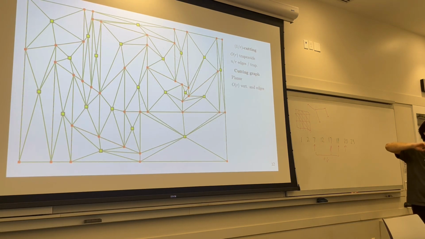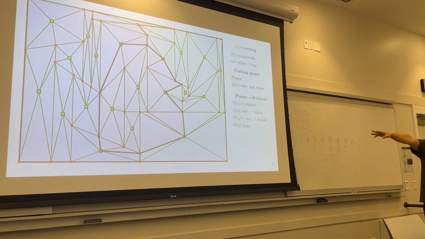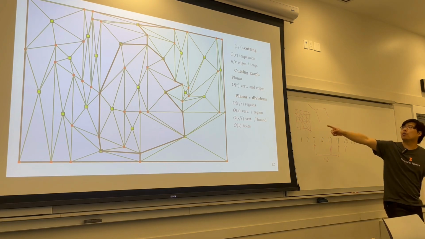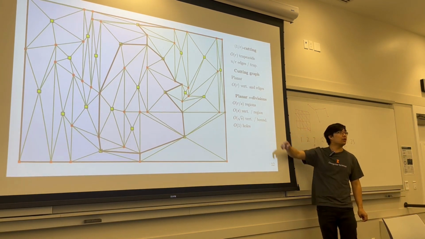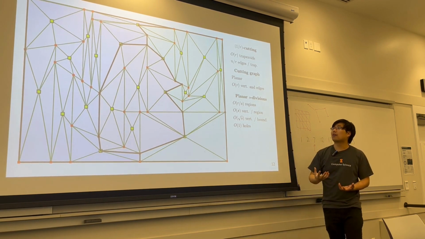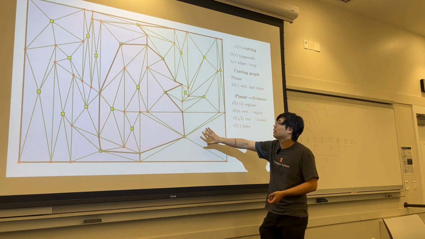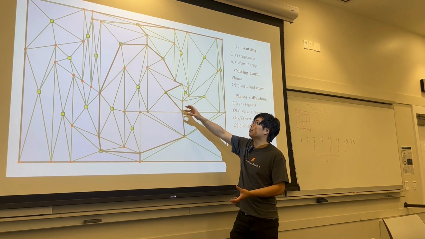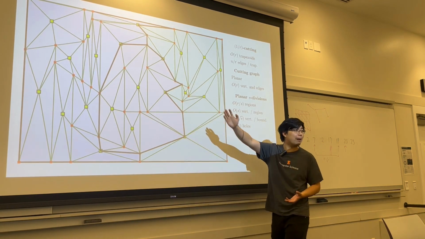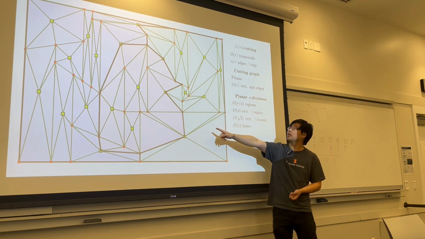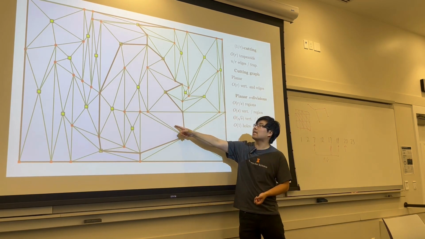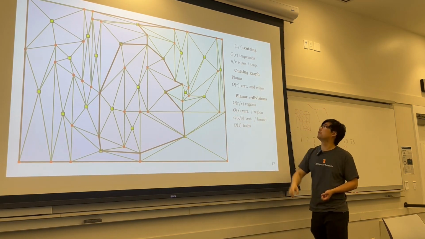Of size order r, we can now apply the S division theorem. So we can now break this graph into regions such that each region has a small number of things on the boundary. It has only square root s vertices on the boundary, and only s vertices inside each region.